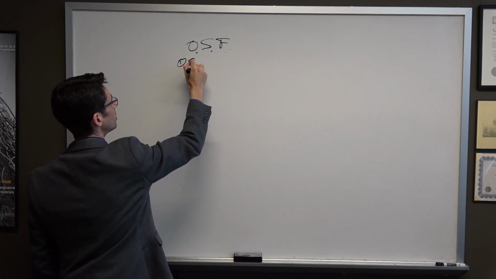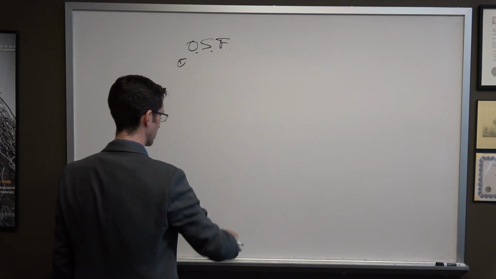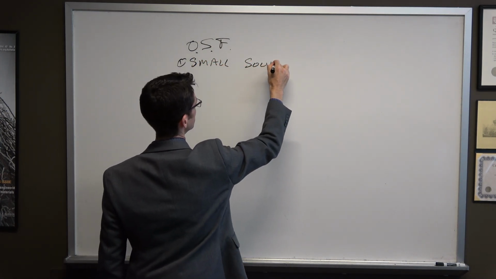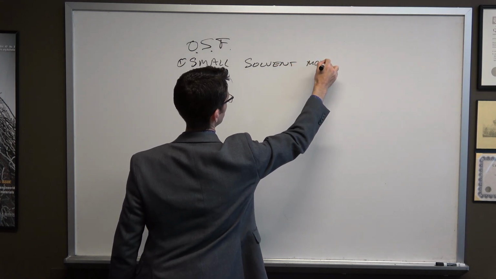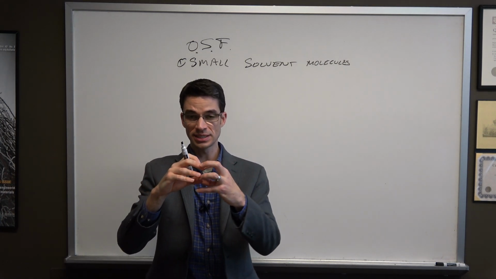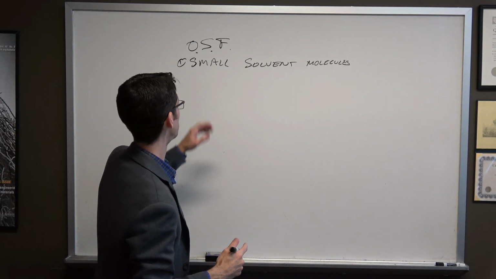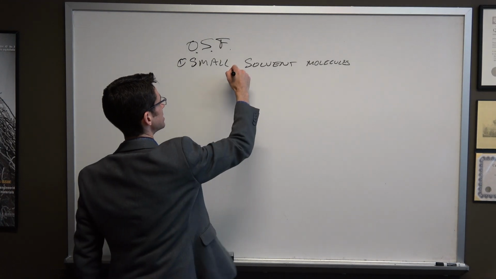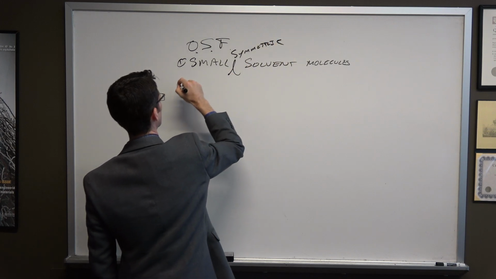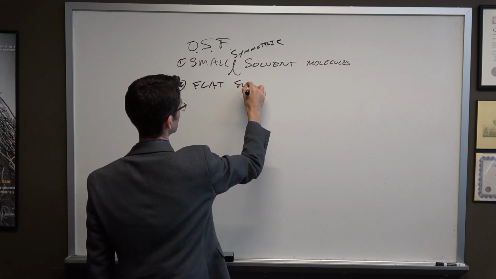You need small, I forgot that in this class we write in all capital letters, small solvent molecules. So things that are only maybe a couple atoms, a couple of carbon atoms long, maybe up to like hexane will work. They can't be branched, so they have to be small, symmetric solvent molecules. And two, we have to have flat surfaces.